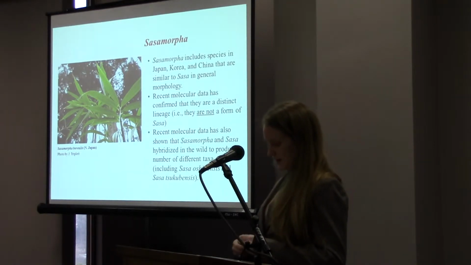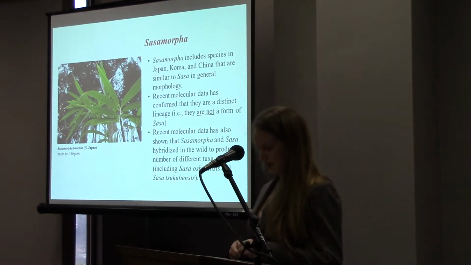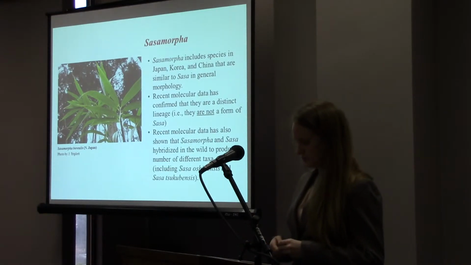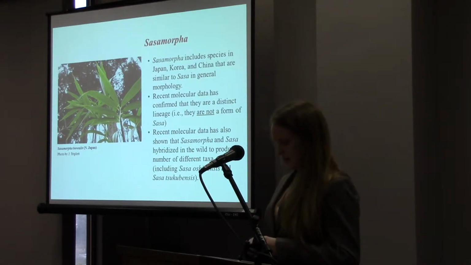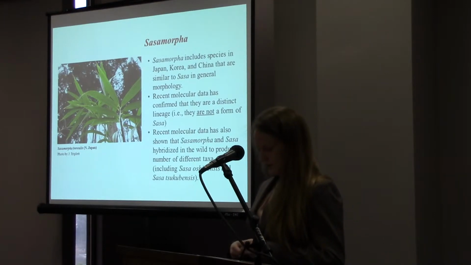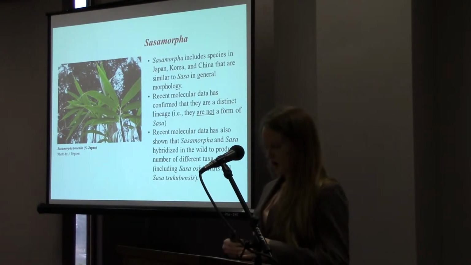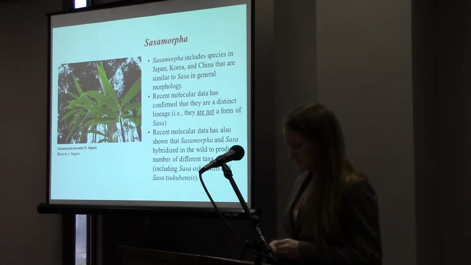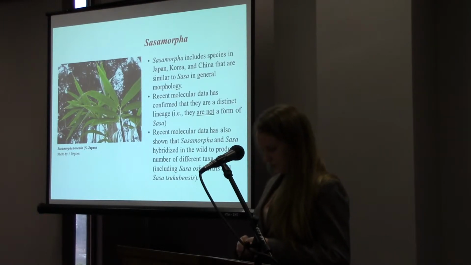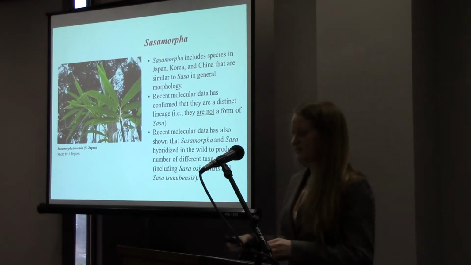Sasamorpha includes species in Japan, Korea, and China that are similar to Sasa in general morphology. Recent molecular data has confirmed that they are a distinct lineage, meaning that they are not a form of Sasa. Recent molecular data has also shown that Sasamorpha and Sasa hybridize in the wild to produce a number of different taxa.